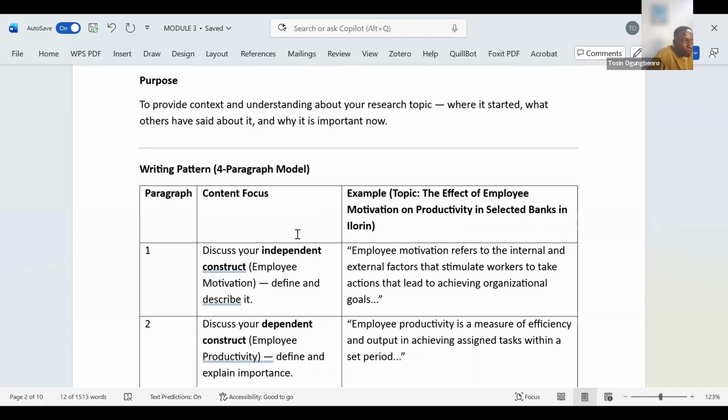Let's say the effect of COVID-19 on immunization of pregnant women in Ikeja local government, something like that. I'm talking about the topic, not the concept I'm trying to teach.